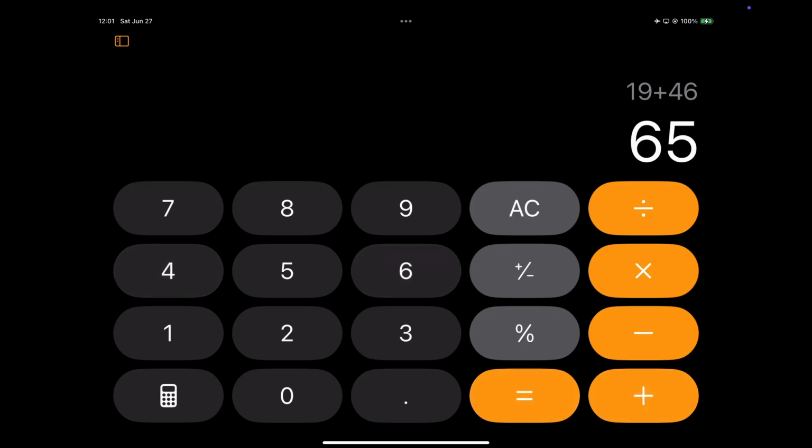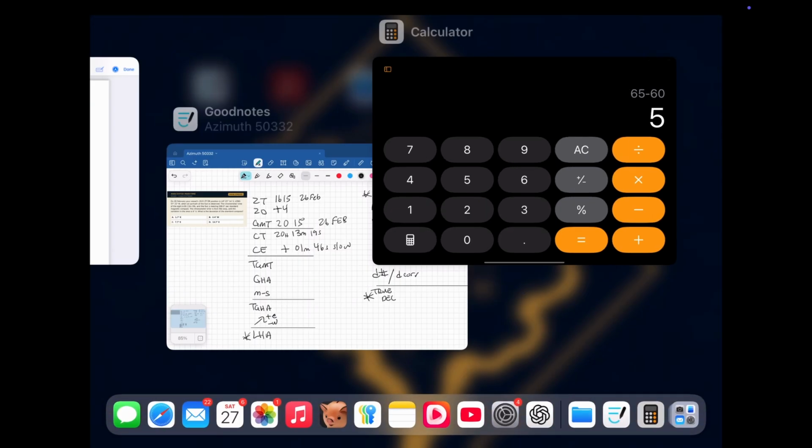And like I told you guys before in the last video, once you go over 60, you're going to subtract that 60, and that's going to get carried over into the minutes column. So in this instance, we have 65 seconds. 60 seconds is equal to 1 minute. So you're going to carry that 1 minute over, and you're going to subtract the 60 because that's the 1 minute. That's going to leave you with 5 seconds left. And then you're going to carry that 1 minute over.